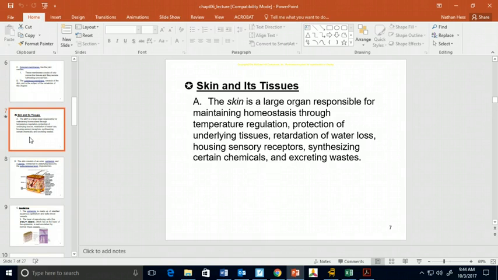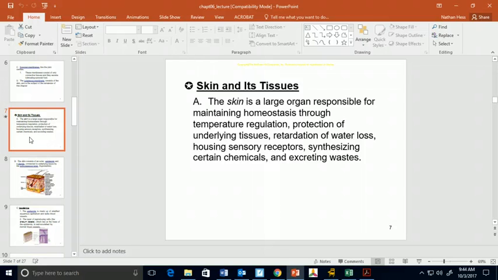Again, the key word is homeostasis. It's trying to maintain homeostasis. Temperature regulation, protection, retardation of water loss, keeping the water in. Sensory organs, so that I can actually feel, oh, this is a book bag, and this is a computer.